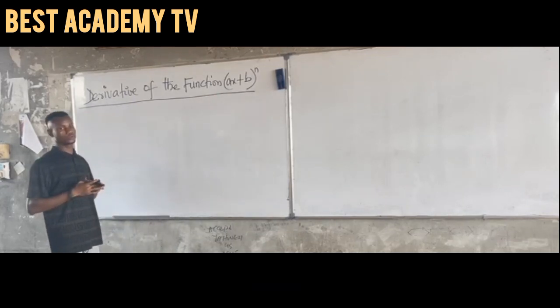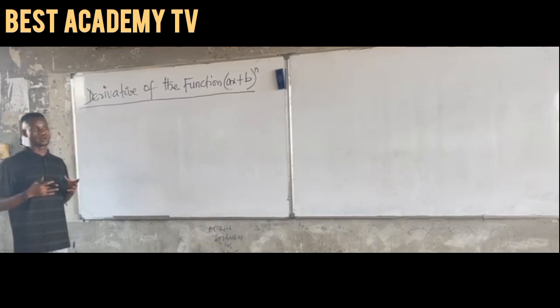How do you differentiate a function that looks like (ax + b)^n? First of all, we should know more about the methods of differentiation. The first method is the general method. The second is the chain rule, or composite method.